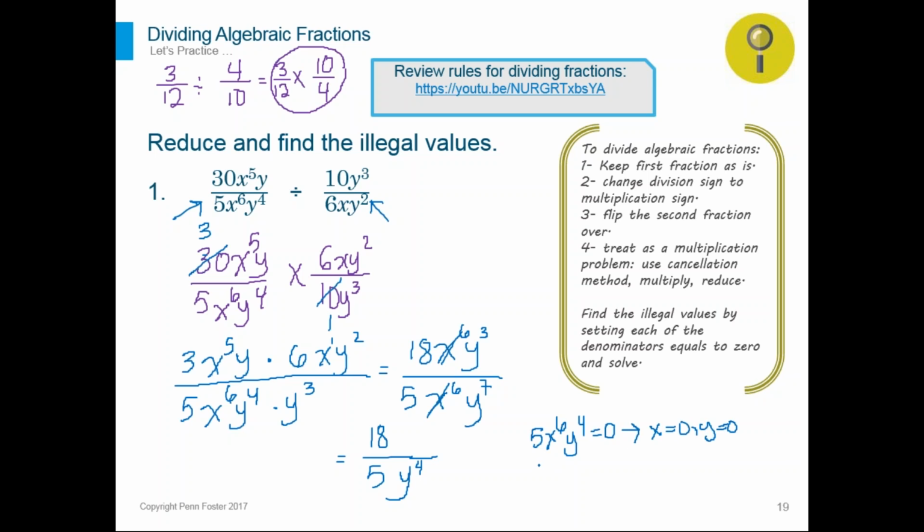The second fraction, the same thing. Take the denominator, equal that to 0, and see which values would make that denominator 0, so that would make the fraction itself illegal or undefined. So that would be x equals 0 and y equals 0. So your two values are x 0 and y 0.